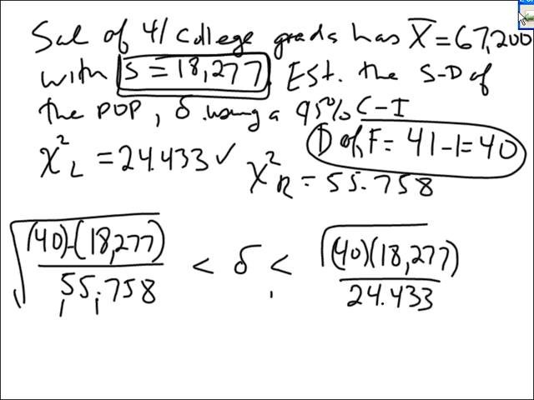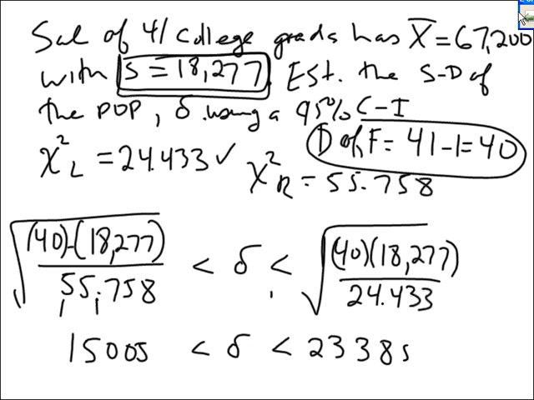If you do this arithmetic, the left-hand number will be 15,005. The right-hand number is 23,385. And sigma, the standard deviation for the true population, will be somewhere in between there.